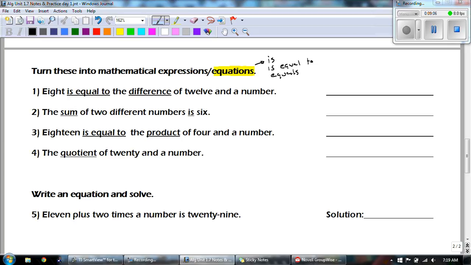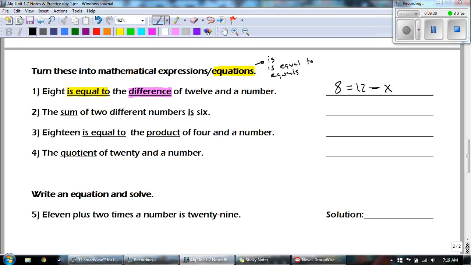So if we do the first one, it says 8 is equal to the difference of 12 and a number. Okay, so that's an equation. And when we write it out, we would say 8 equals the difference of 12 and a number. Okay?